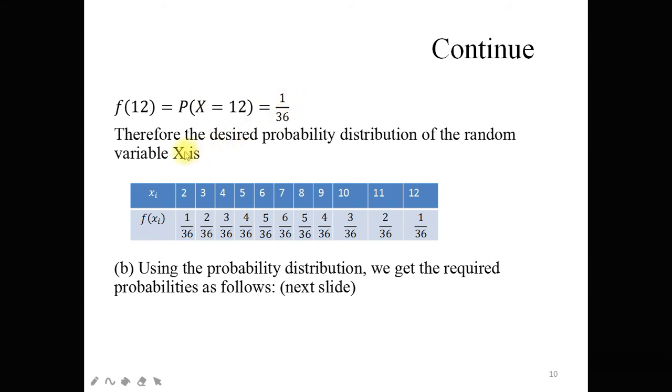So dear students, in this table you see over here, these are all possible values of the random variable. Actually the random variable description is sum of darts. So sum of darts equal to 2, 3, 4, 5, 6, 7, 8, 9, 10, 11 and 12.